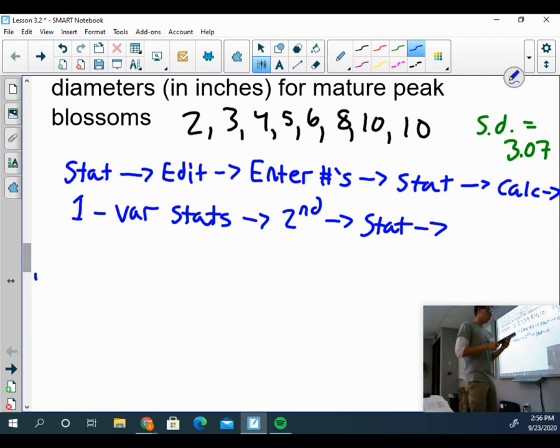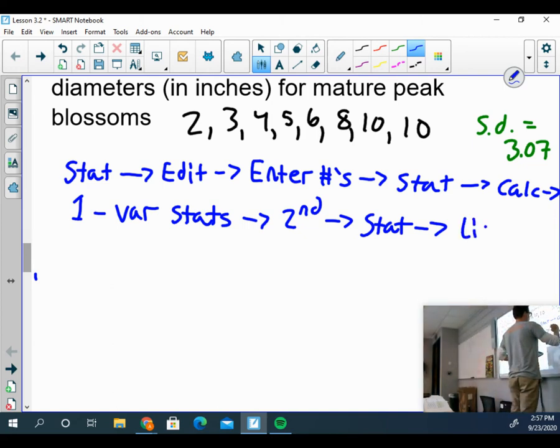It says names. And it'll say L1, L2, L3, L4, L5, and L6. What I would like you to do is click on whatever list you entered the data in. So if you entered the list in L1, click L1. If you entered the list in L3, tab down to L3 and click enter. So you're going to click on the list you want.